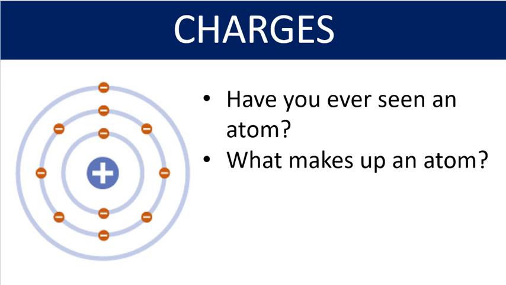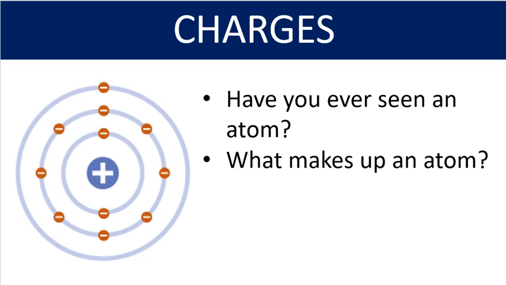Your atom, as we know now, is made up of three particles, three building blocks, if you may. You've got your protons, which have a positive charge, your electrons that have a negative charge, and your neutrons with no charge. Neutrons are neutral.